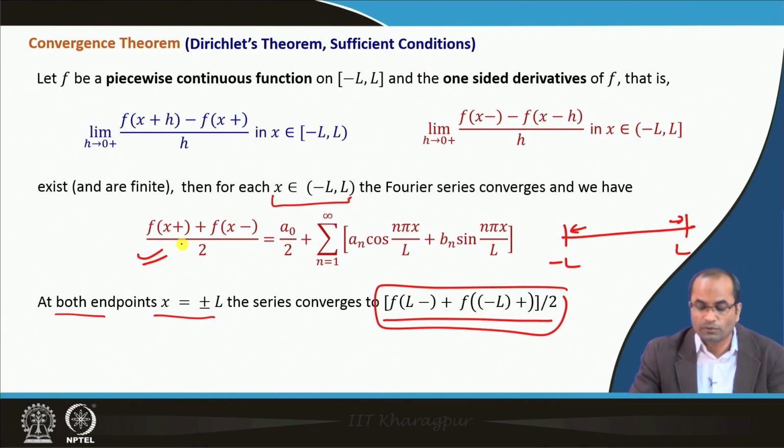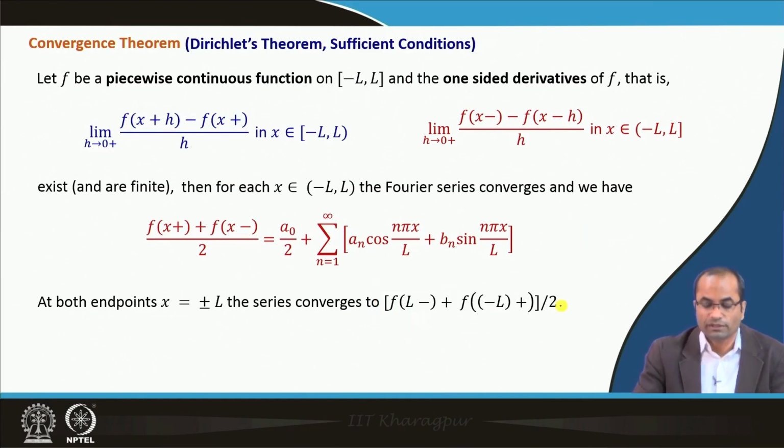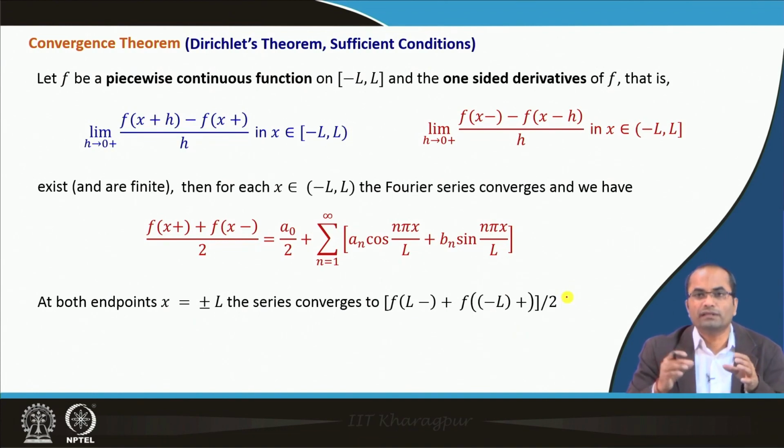We will take the two end points, the limiting values, the left hand value here and the right hand value there, and then take the average. So, in a nutshell, at any point, whether it is an end point or a point somewhere in between, the Fourier series will always converge to the average value.